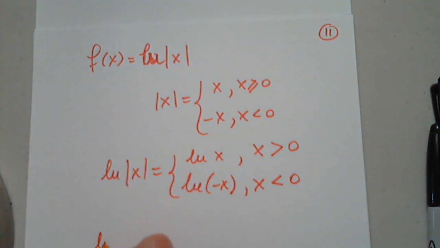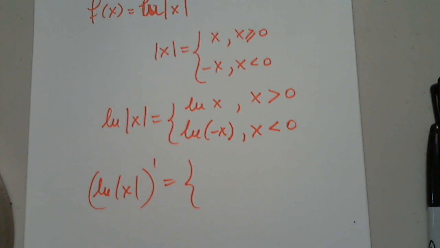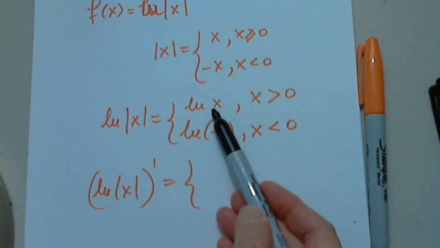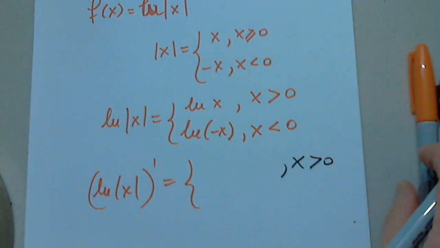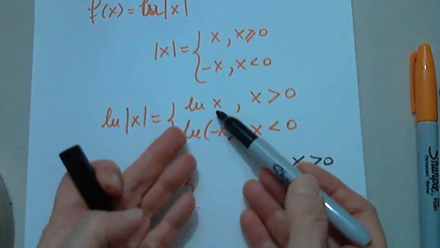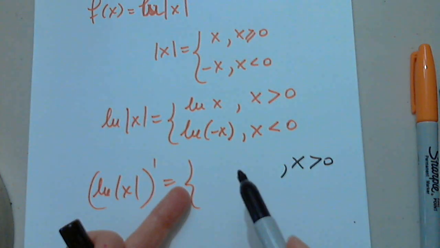When I differentiate natural log of the absolute value of x, look at what happens. Something very interesting. Okay, we are differentiating this for x greater than 0. Can anyone tell us what is the derivative of natural log x? I have to differentiate the first piece. 1 over x.